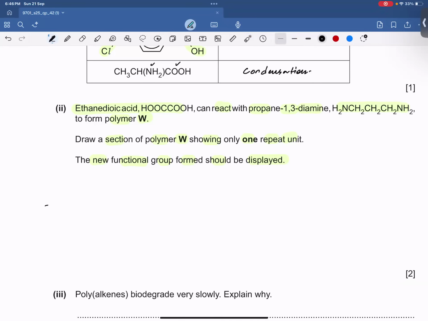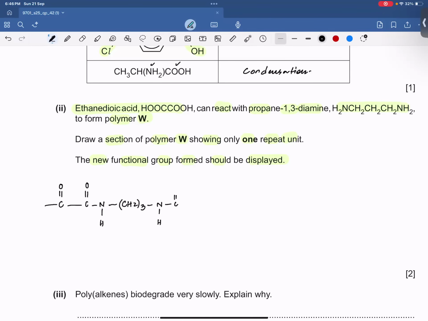On the basis of that, let me show you the bond continuation. OH has gone, C=O left, then C=O, and then NH, then this CH2, and this CH2, 1, 2, 3 times. So I can write (CH2)3, then NH.